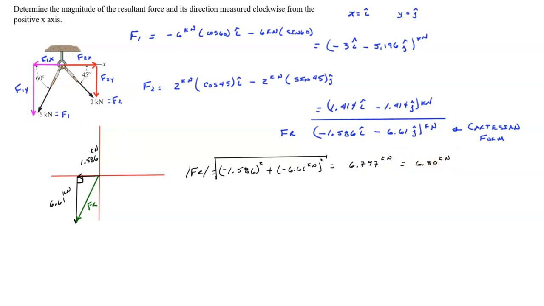Now again, we are asked to find the direction measured clockwise from the positive x-axis. So this is what we should be finding, that direction right there. It's easily computed if we call this angle theta.